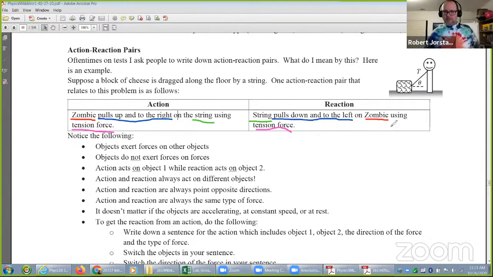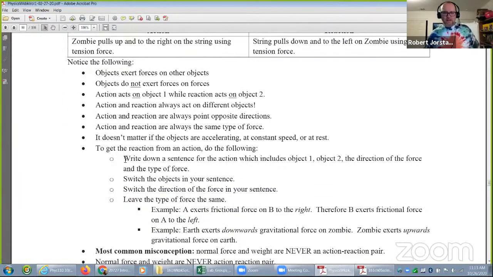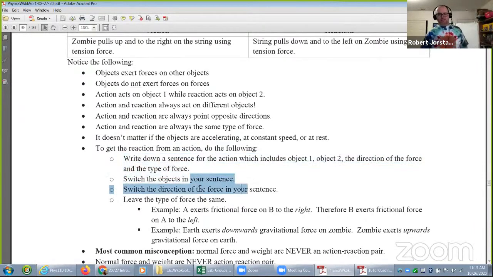If on my test question it says the action force is such-and-such, give me the reaction, what I try to do is first write down a sentence for the action, then switch the object, switch the direction, but leave the type of force the same. If you get used to this, I think these become very straightforward.